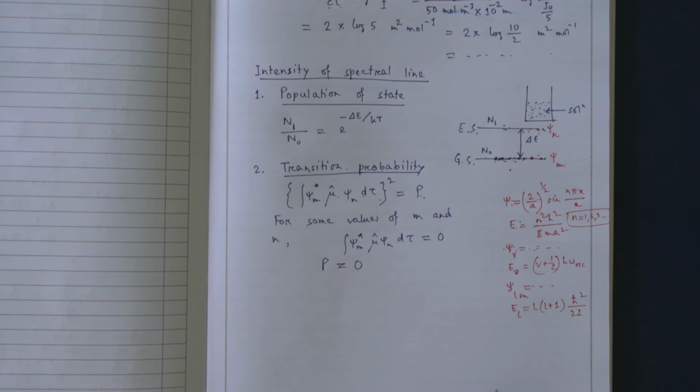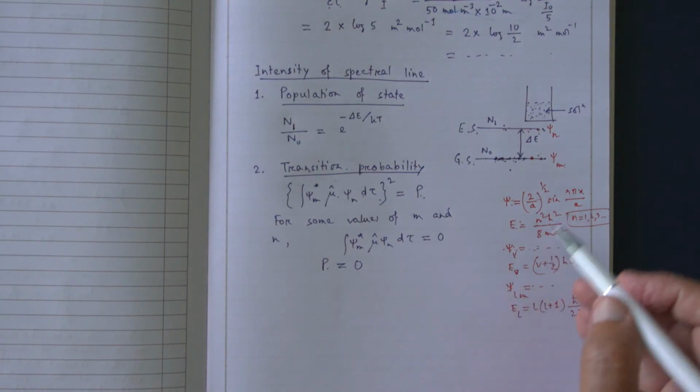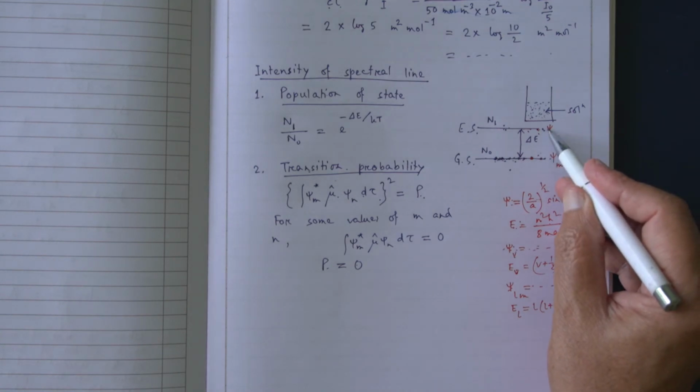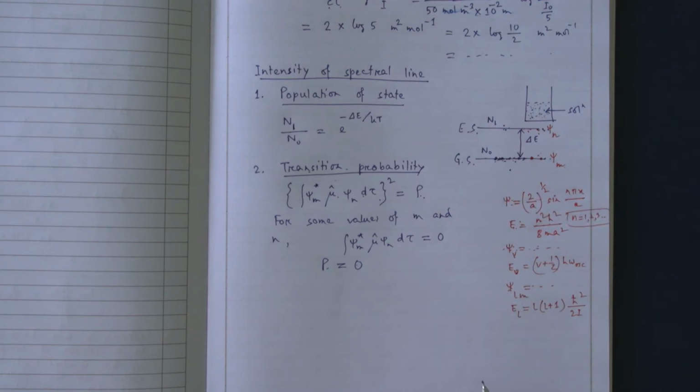Okay? Now what does it mean? Probability of transition becomes zero. What does it mean? That means this transition from this state to this state is not possible. We may say like that, but that is not correct.